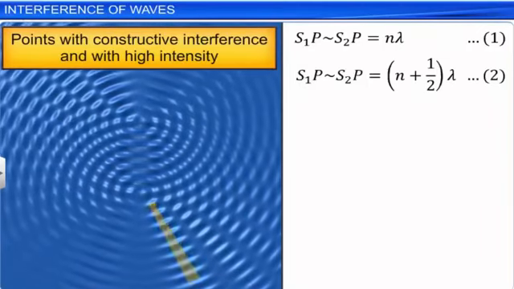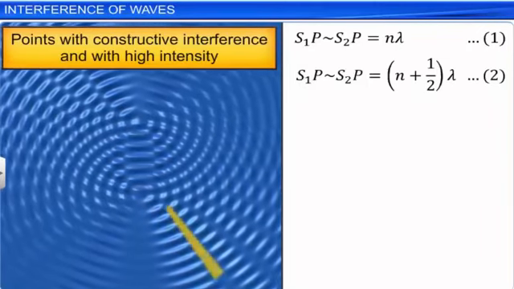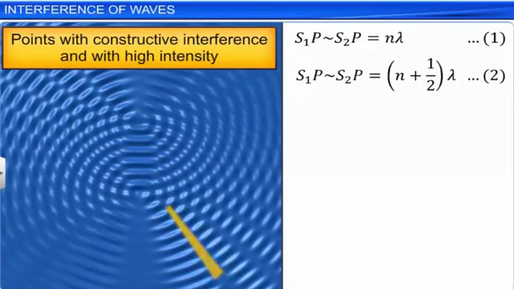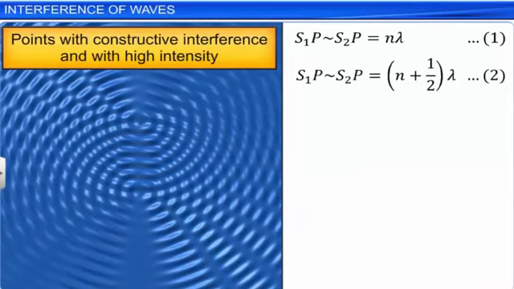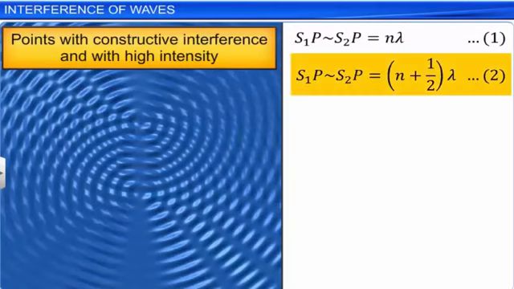That means, for points at which equation 1 is satisfied, constructive interference takes place, and the intensity at those points is 4 times the individual intensities. For other points where equation 2 is satisfied, we have destructive interference and the intensity is 0.